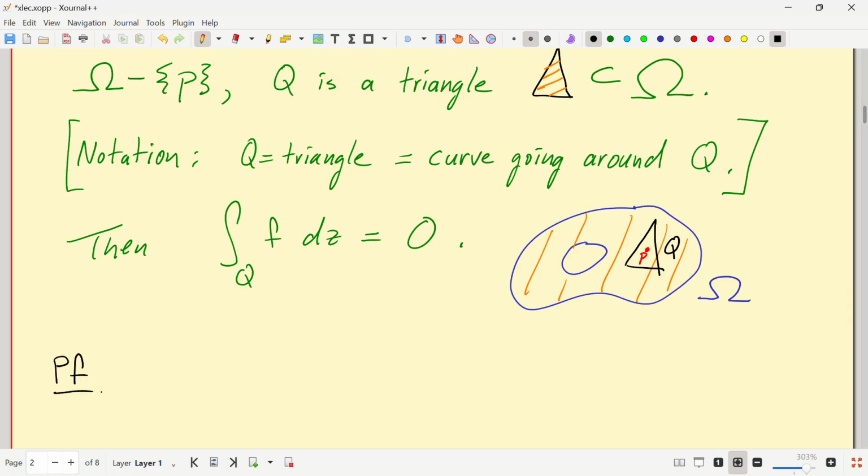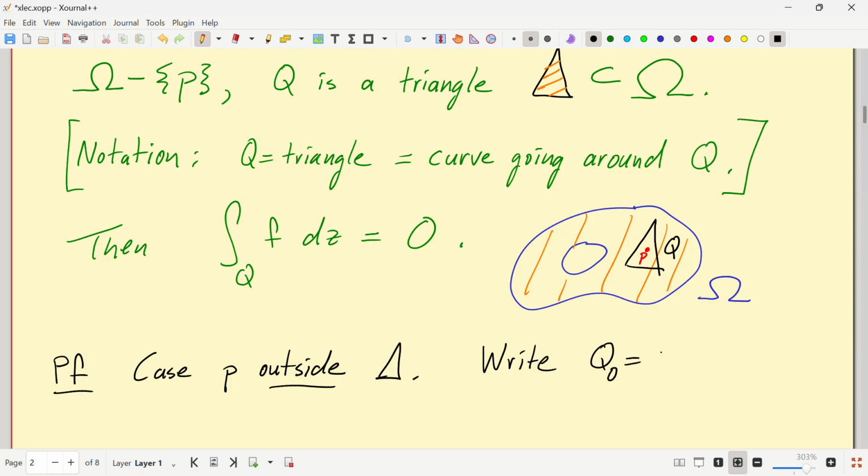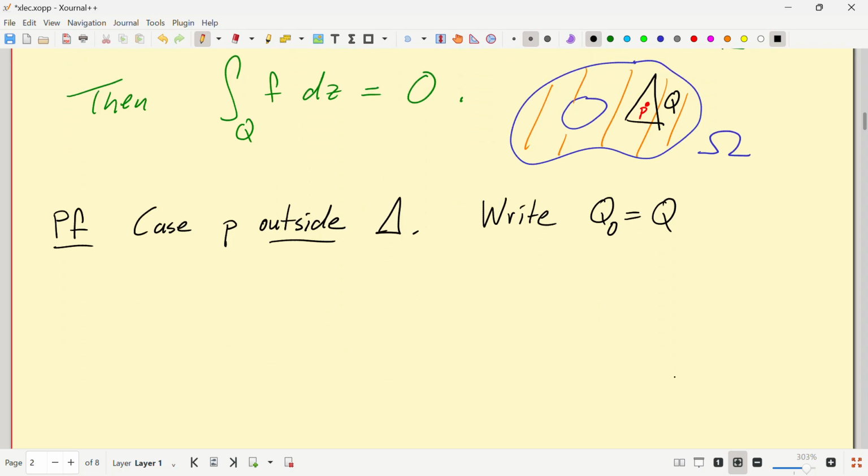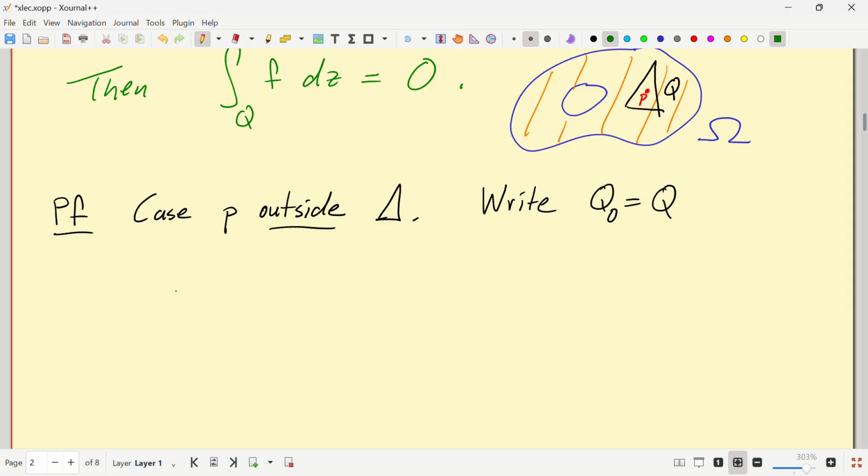So let's do the case p is outside the triangle. And let's write Q sub 0 is equal to Q, the triangle. Okay, now Goursat cleverly started cutting this triangle up into smaller triangles.